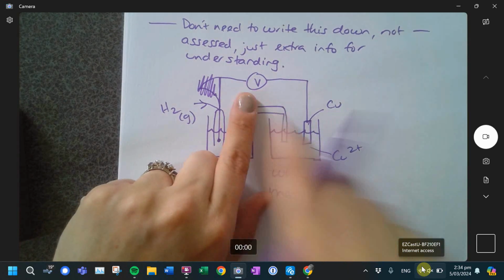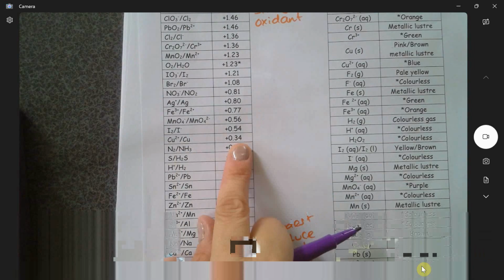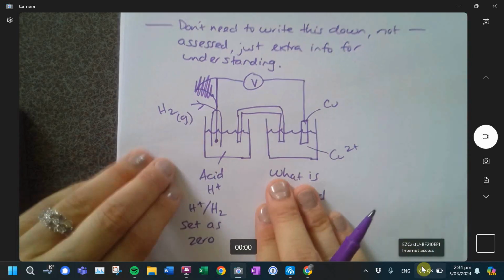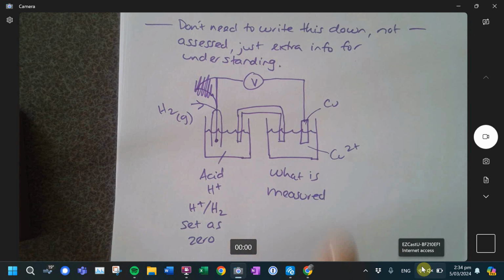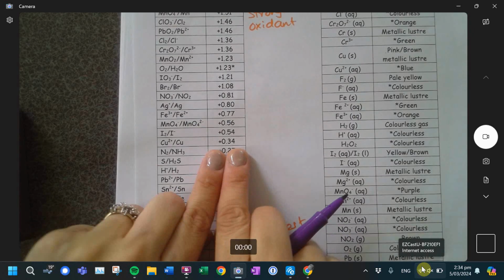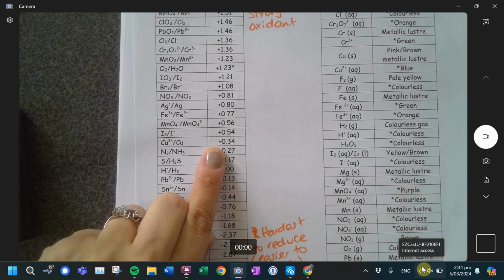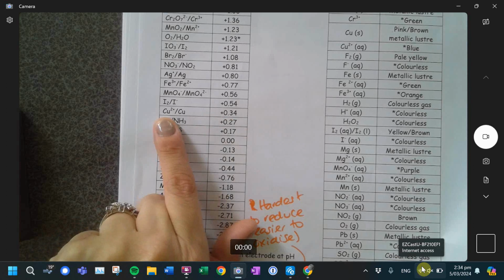And when we read that number on the voltmeter, that gets entered into our list over here. So if we set up this galvanic cell with the hydrogen and the copper, and I say, okay, hydrogen 0, then copper is going to read 0.34 volts. So that's what's going to be read on the voltmeter, and that's going to be recorded for copper.